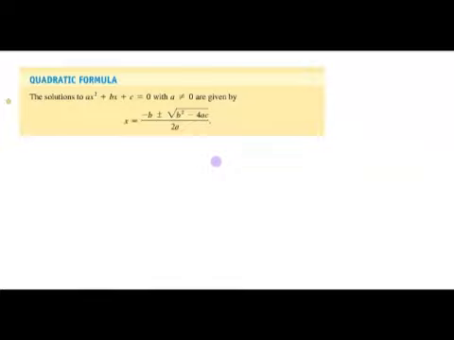For us to be able to use this formula, we have to have our equation in standard form where everything's on one side equal to 0. In descending order, identify the a, the b, the c. A is always the coefficient of x squared. B is always the coefficient of the plain x. And c is always our constant.